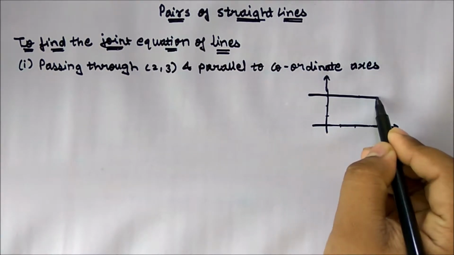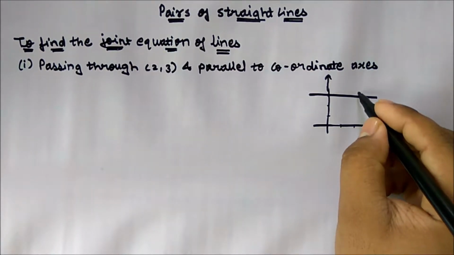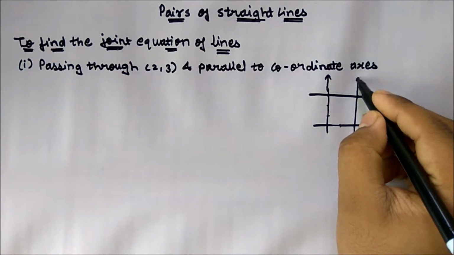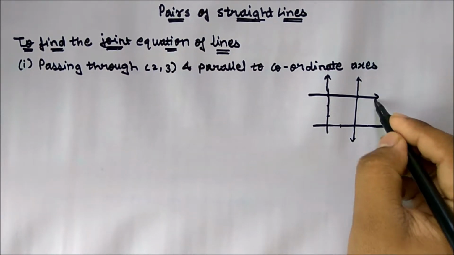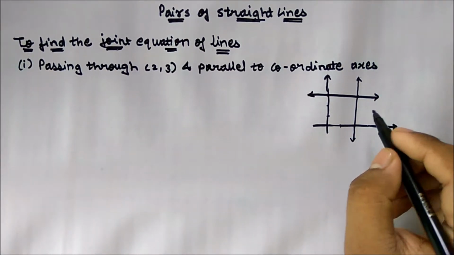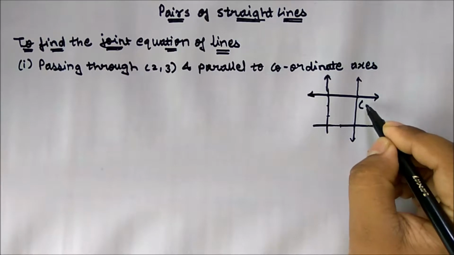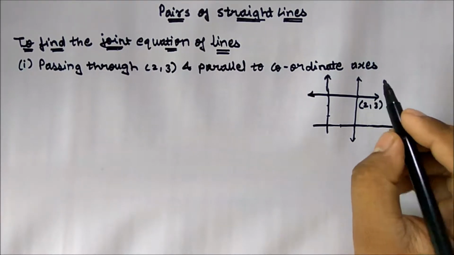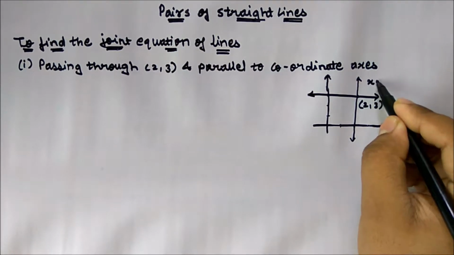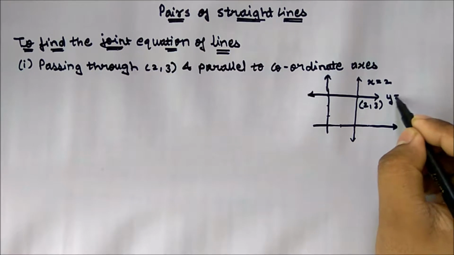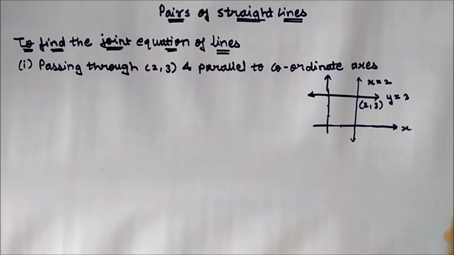So say this is parallel to the x-axis and this is parallel to the y-axis. These are our two lines whose combined equation we have to find. So this line becomes x equal to 2 and this line becomes y equal to 3. This is the x-axis, this is the y-axis.